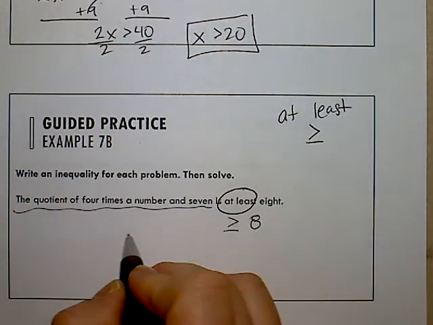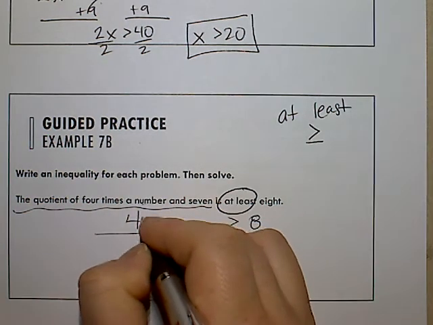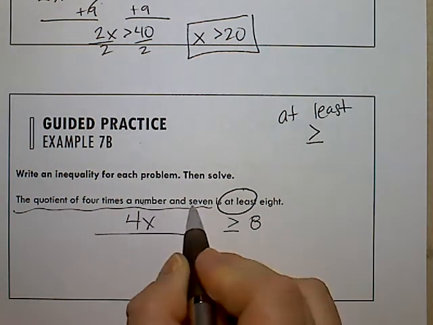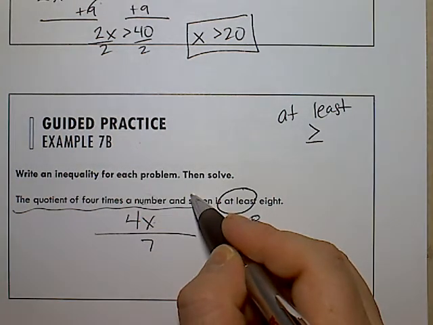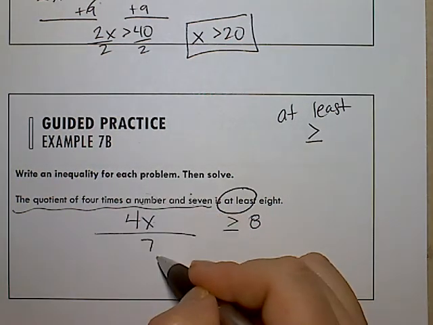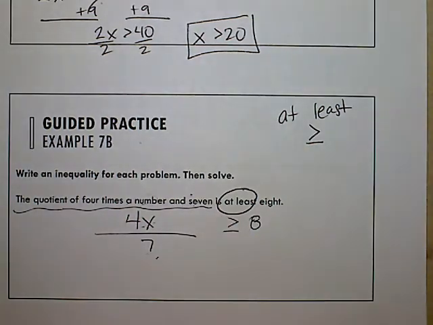So the quotient: I'm going to divide 4 times the number, so 4x, and I'm going to divide it by 7. Whatever you see comes first is the numerator, and second, separated by the word and, is the denominator. 4 times a number and 7. Please solve right now for x.